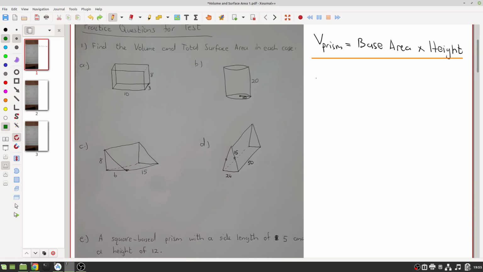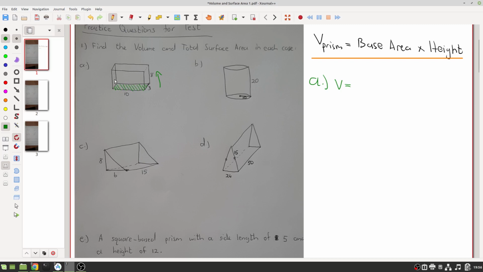Alright, question A. So let's start with the volume. So the volume of our prism equals the base area. Okay, so the base, in our case, let's call the base this green part, because that shape stays the same all the way through the shape. So if you look at this rectangle here, you can stack lots of that same rectangle on top of each other and it'll form this shape, right?